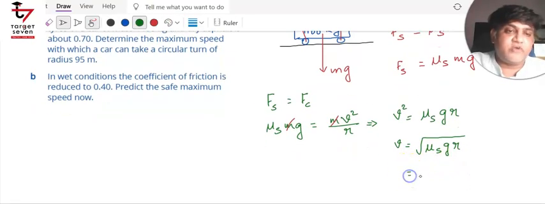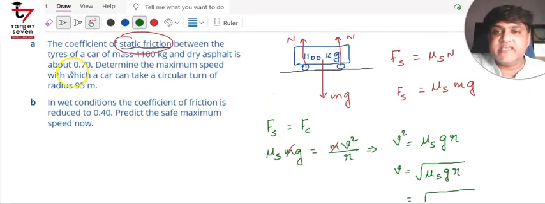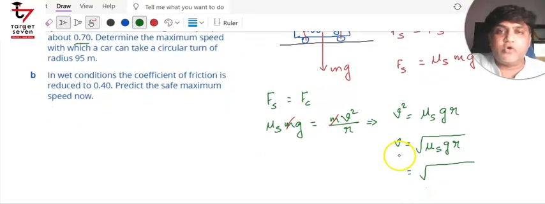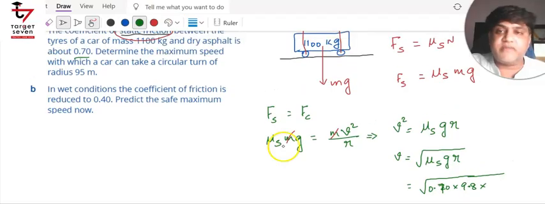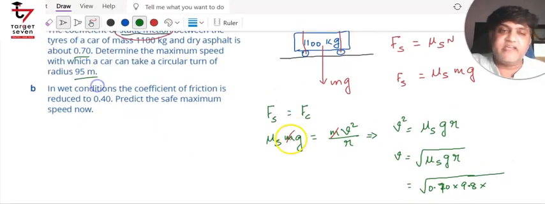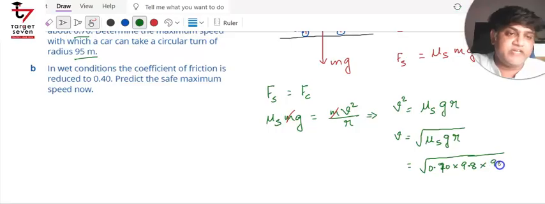What are the values provided to us here? The value of mu s is 0.70. So 0.70 into the value of g, which would be 9.8, and the radius of the circular path that the car is negotiating, which is 95 meters.